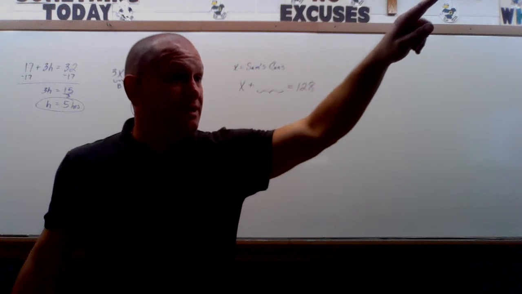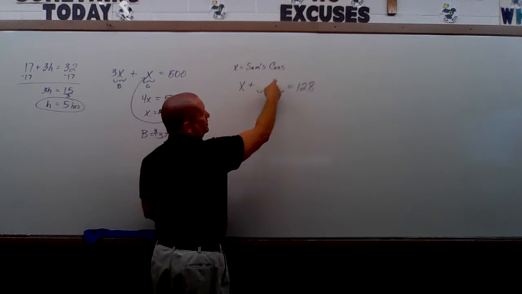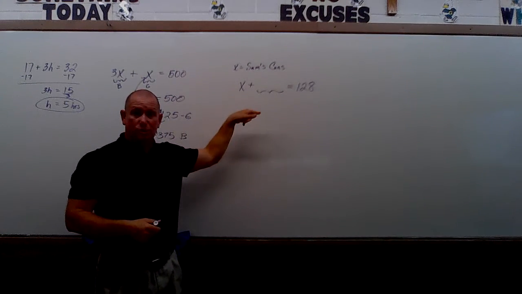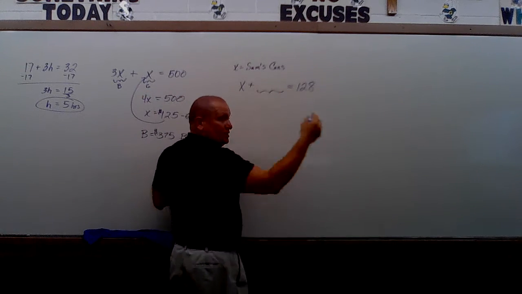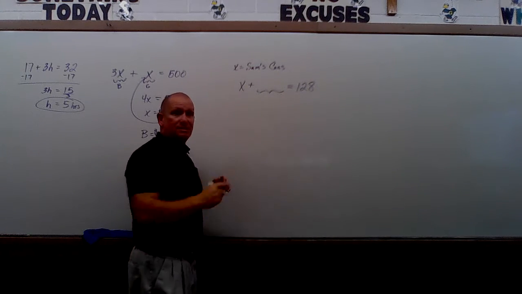12 more cans, right? So if X is for Sam's cans and he has 12 more than Louise, how many cans with respect to X does Louise have? Louise has 12 less, right? So how do I show 12 less than this X?